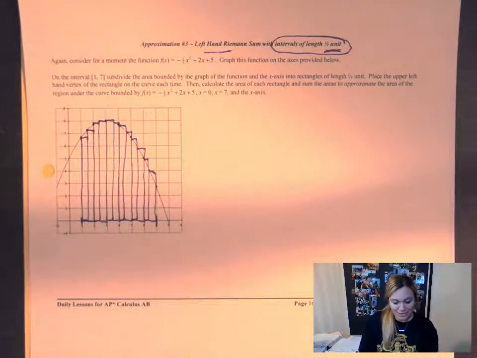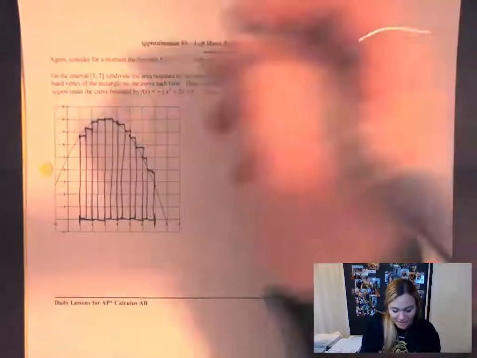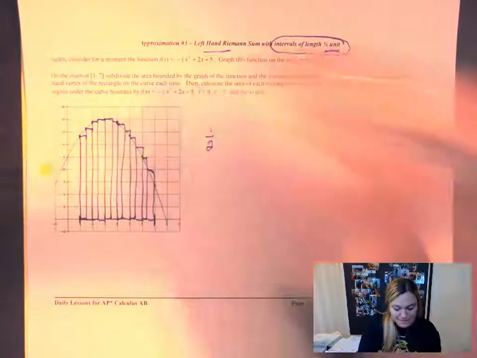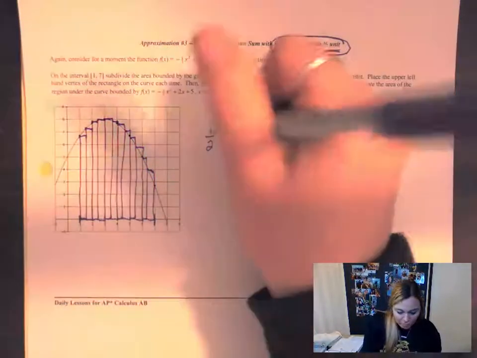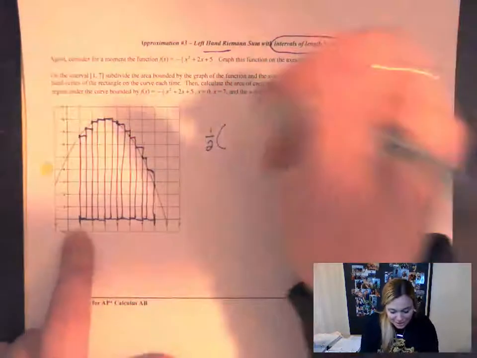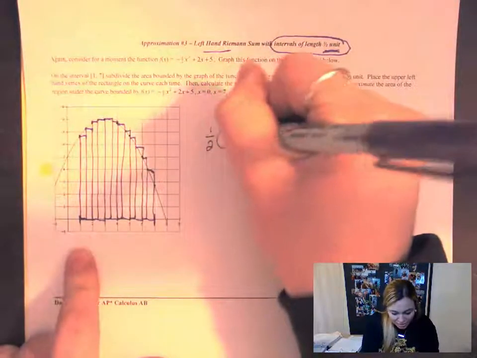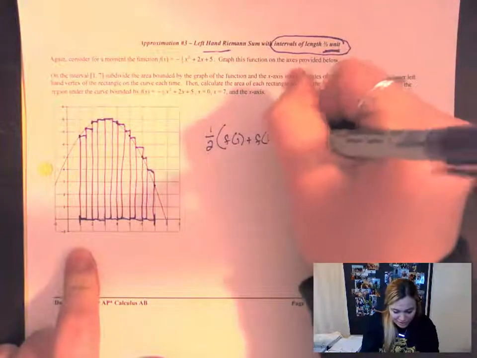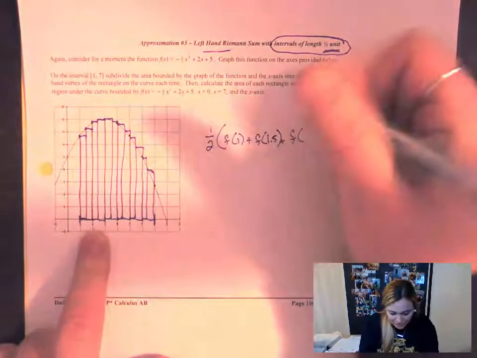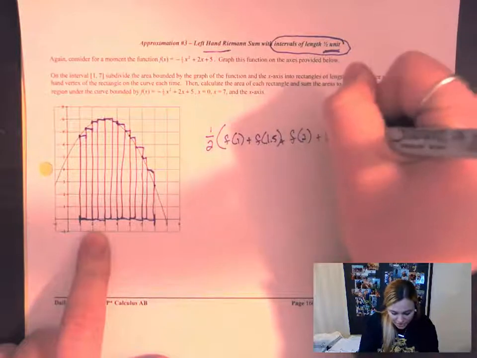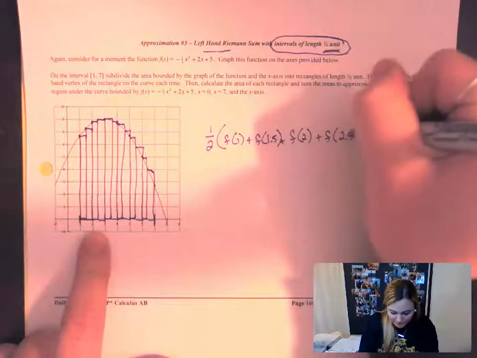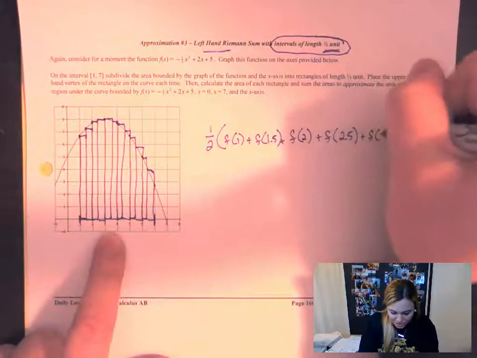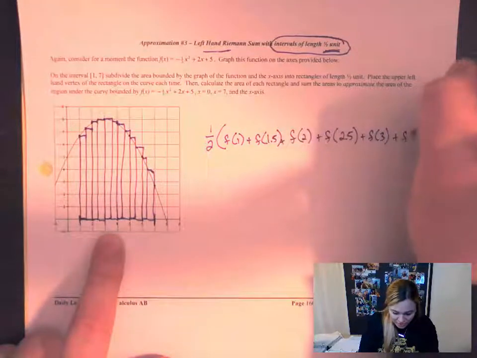But here we go. We've got a left-hand Riemann sum still. All of these have a length, or you could say a base, of a half. But all of these rectangles now, I'm still starting at f of 1. But this would be f of 1.5 or f of 3 halves. This would be f of 2, f of 2.5, f of 3, 3.5.